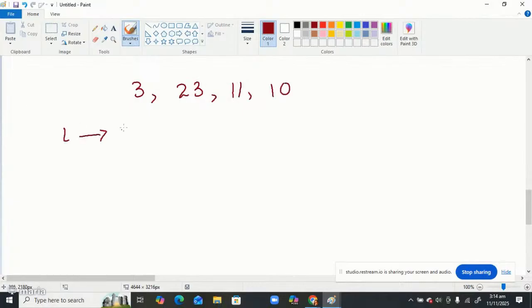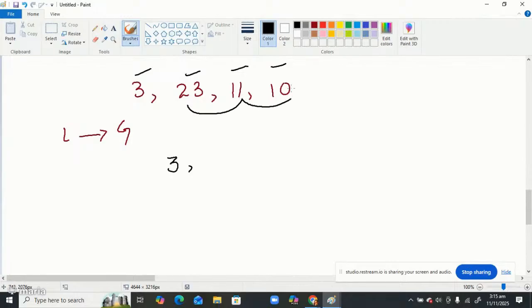Again write it least to greatest. So you tell me what's the least number in all of it? What is the smaller number in all of it? Is 3 smaller, 23 smaller, 11 or 10? That is 3, which is the smaller number.